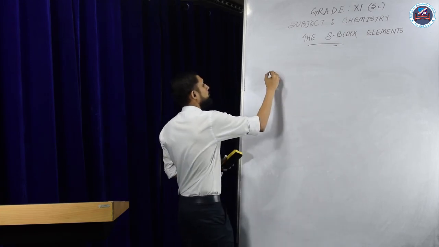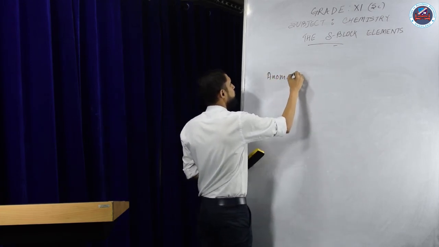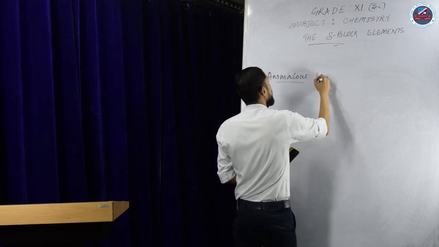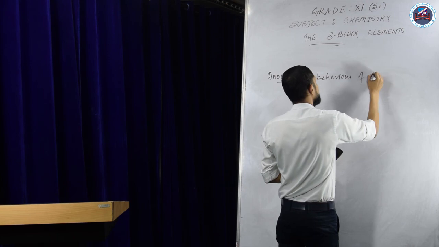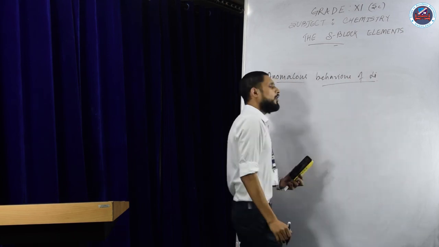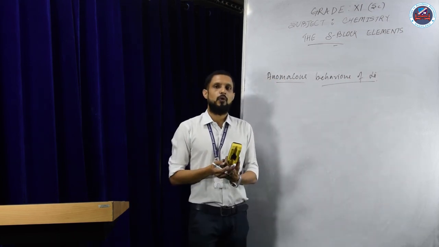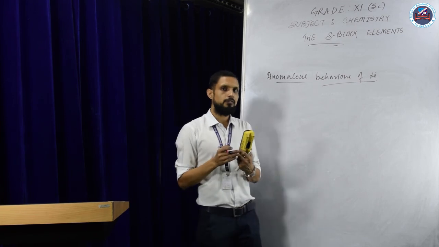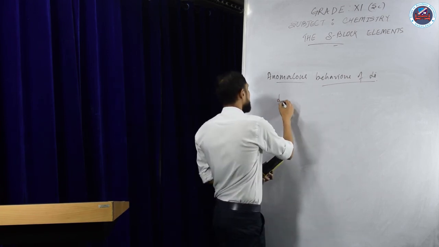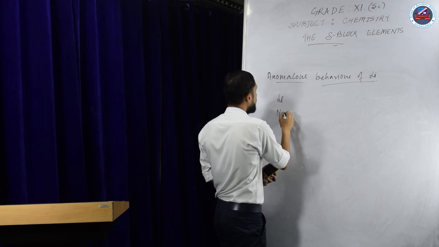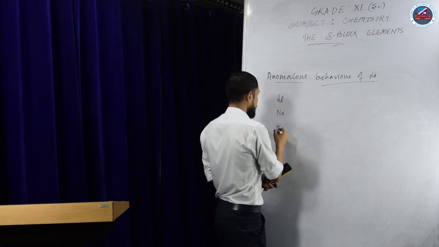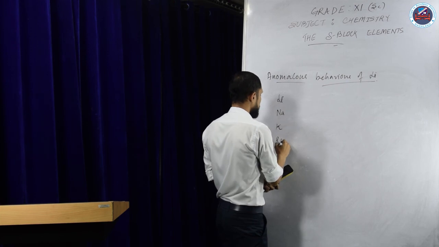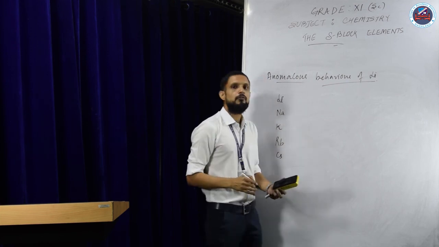Next, anomalous behavior of lithium. Now, what does this anomalous behavior mean? It means lithium behaves differently from the rest of the elements like sodium, potassium, rubidium, cesium, francium.